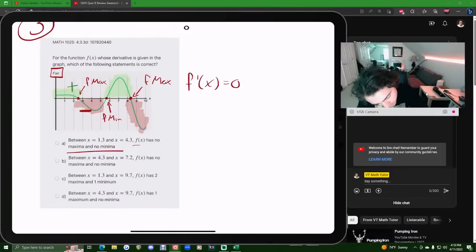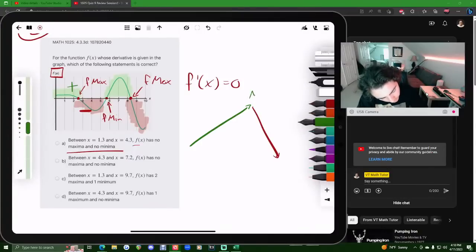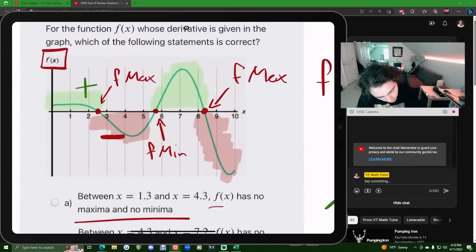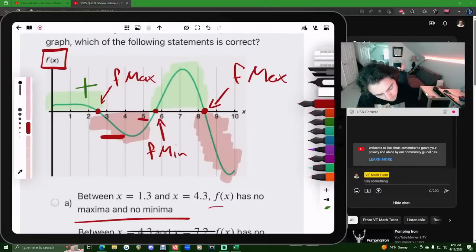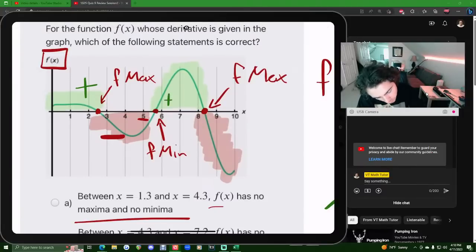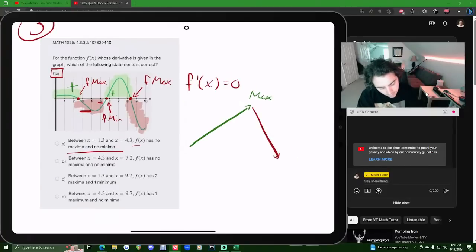Because if f prime is changing from positive to negative, that means that f is changing from a positive slope to a negative slope, and that indicates a maximum. Color code that in green here. We'll do max. And likewise, wherever f prime, this graph, changes from negative to positive, or below to above the x-axis, f will have a minimum.